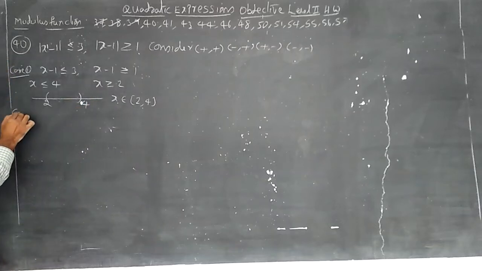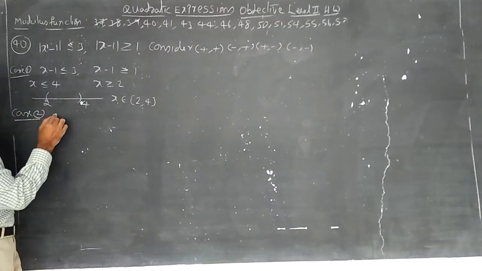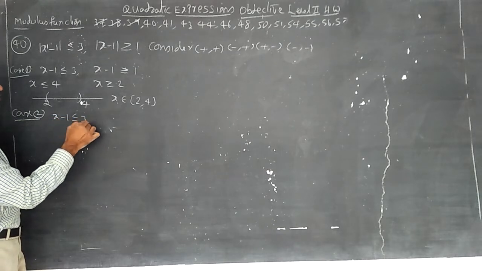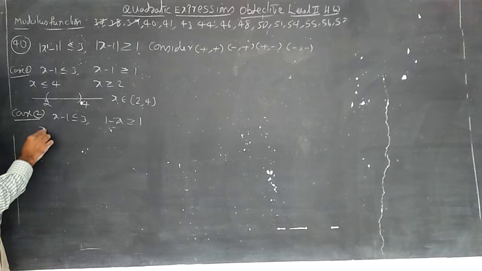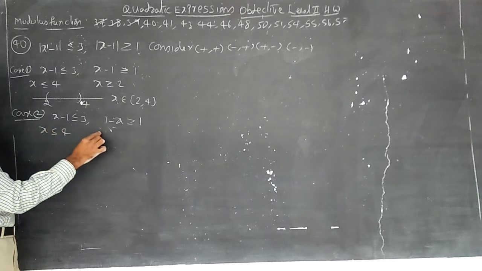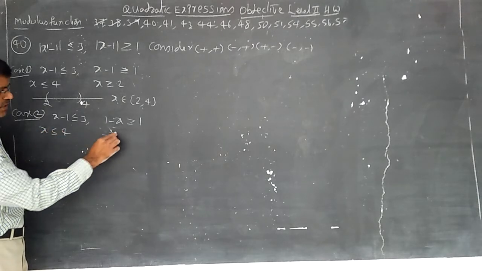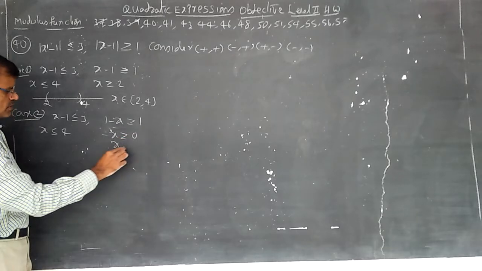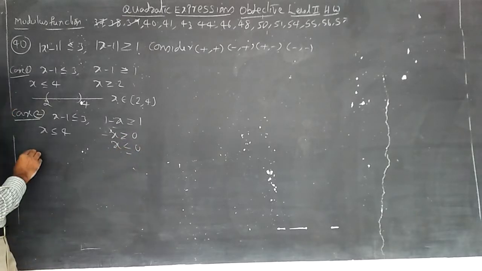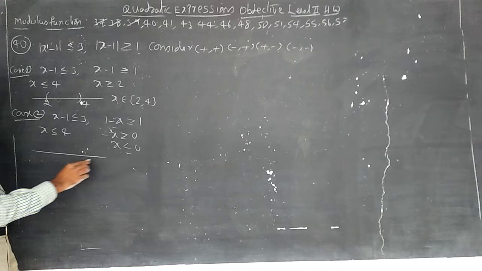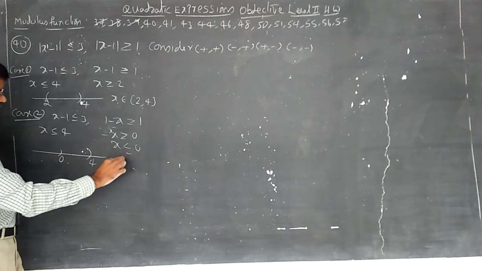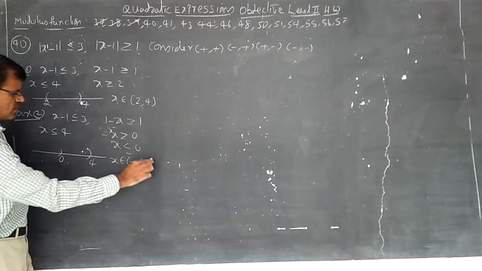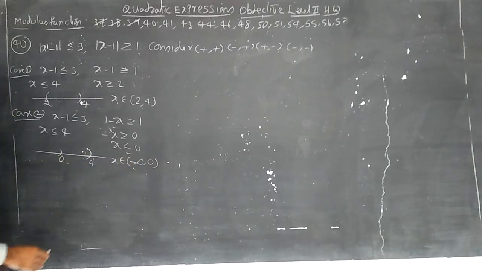Keep aside. Next, plus minus I am considering. x minus 1 less than or equal to 3 and 1 minus x greater than or equal to 1. That is, x less than or equal to 4, and here 1 gets cancelled, minus x greater than or equal to 0. That means x less than or equal to 0. So this is 4 and this is 0. So x belongs to minus infinity comma 0. It is correct. Keep aside.